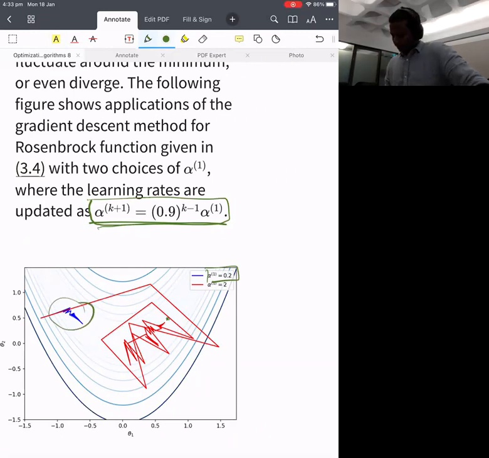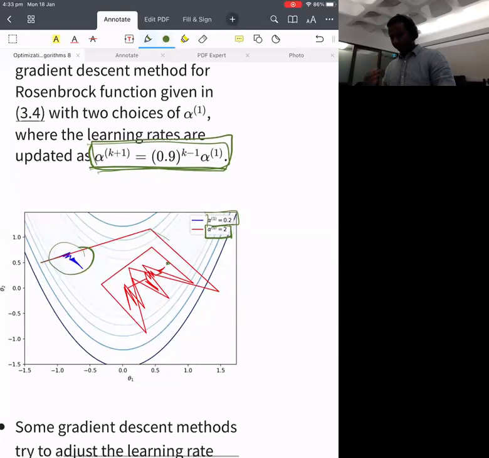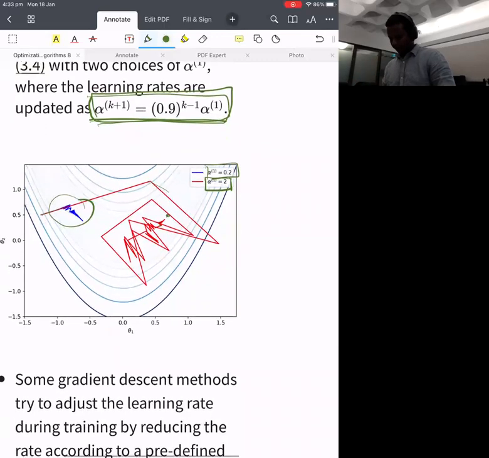On the other hand, if you take the initial alpha 1 being 2, and again apply the same decrease for alpha k, you see it jumping around, oscillating so much before coming anywhere closer to the minimum. And this is the problem even in the two-dimensional or multi-dimensional case.